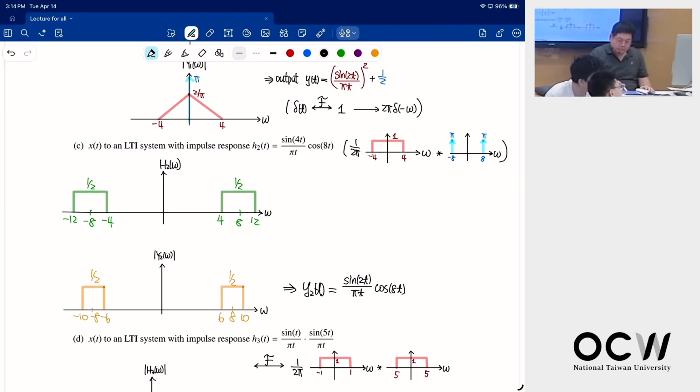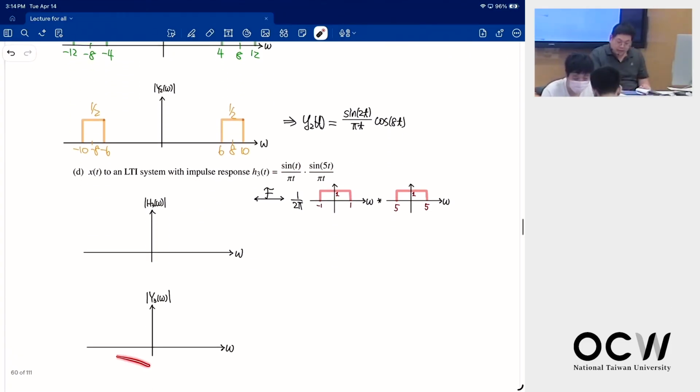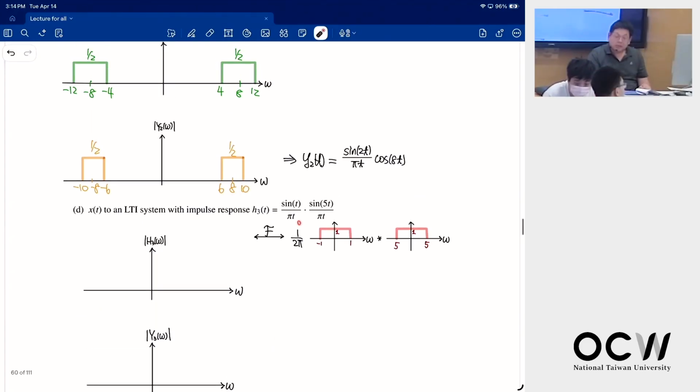During the break, you can also think about this. If I send it to another LTI system with the impulse response, two sinc functions multiplied together but with different widths, then what should we get? Remember that if I have a different width, the result should not be a triangle, right?